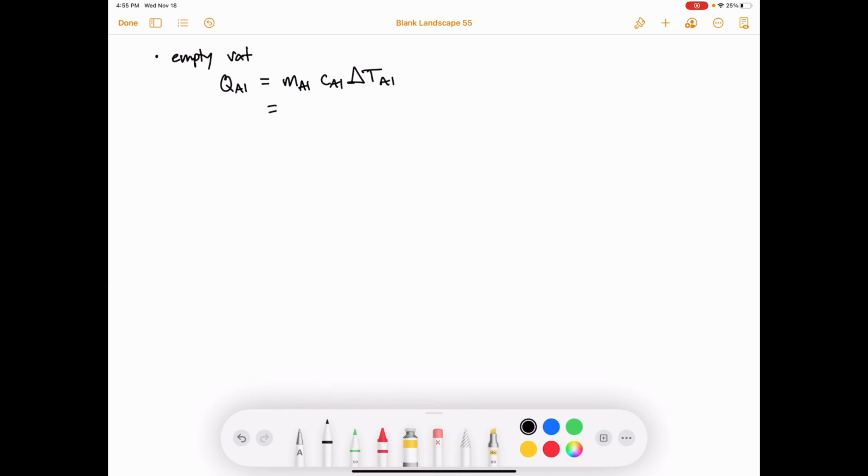Now the mass of the aluminum is 20 kilograms. The specific heat is 900 joules per kilogram per degree Celsius. And then the temperature change: we start at 10 degrees Celsius, we end up at 90. So 90 degrees Celsius minus 10, that's T final minus T initial for delta T.